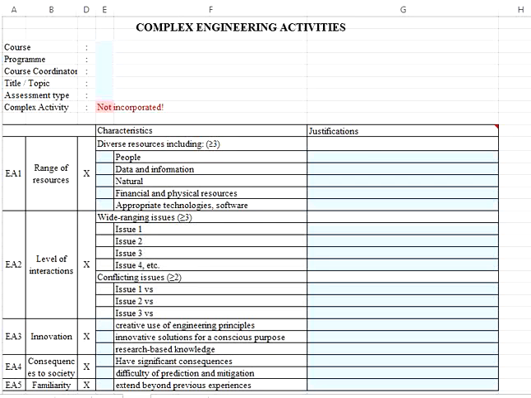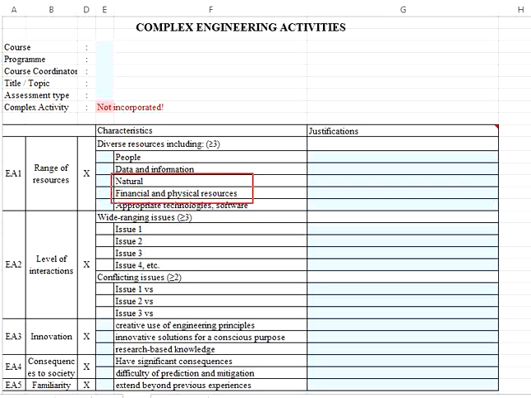Some may say 2 is diverse enough, but to be safe and conservative, we will require at least 3 here. That means it involves diverse resources during the course of participating in the engineering activities. We have people, we have data and information, we have natural, financial and physical resources.